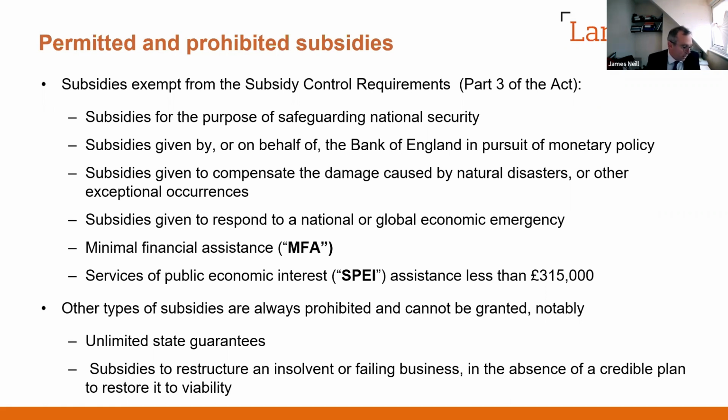So Part 3 of the Act sets out subsidies that are in essence exempt from the subsidy control requirements, and those unsurprisingly include subsidies for purposes of safeguarding national security, subsidies given by the Bank of England in pursuit of monetary policy, subsidies given to compensate damage caused by natural disaster, etc., and national or global economic emergency subsidies.